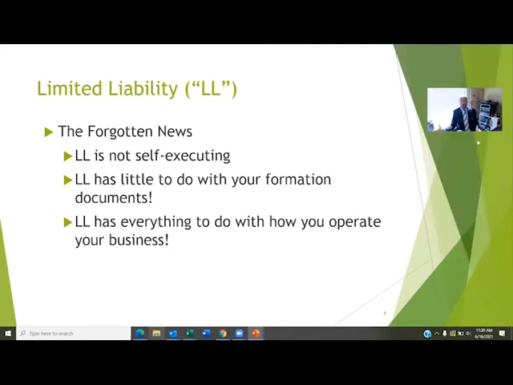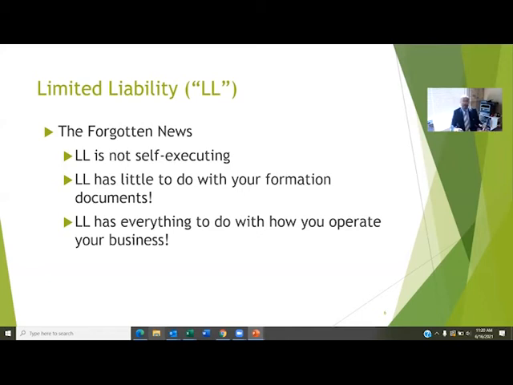And by using it, what I'm talking about specifically is all your business dealings need to fall underneath that limited liability company. You're signing your name to documents, to contracts, to leases, things like that, not as you in your individual capacity, but as a member, as the owner of this LLC.